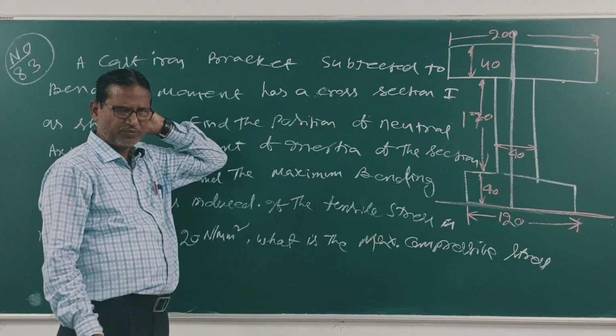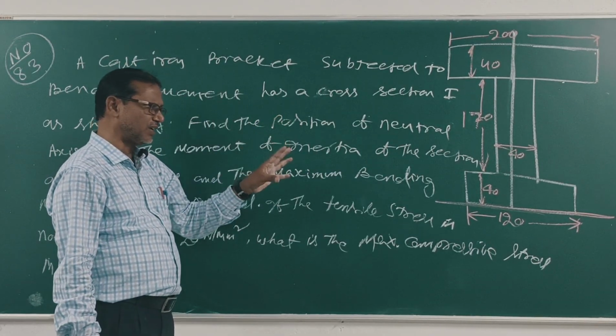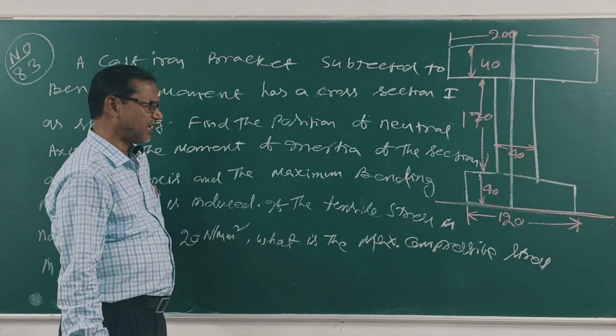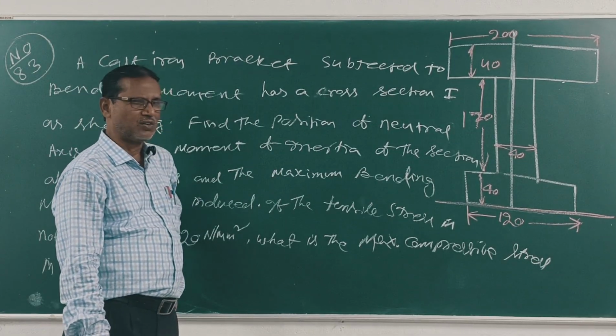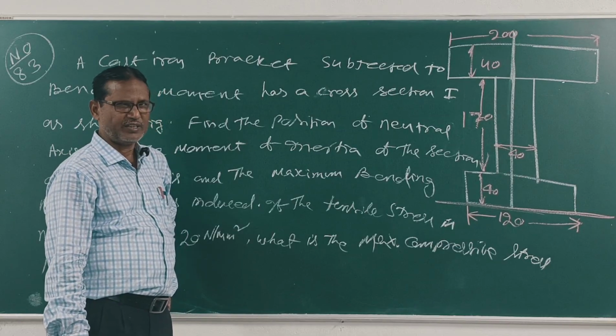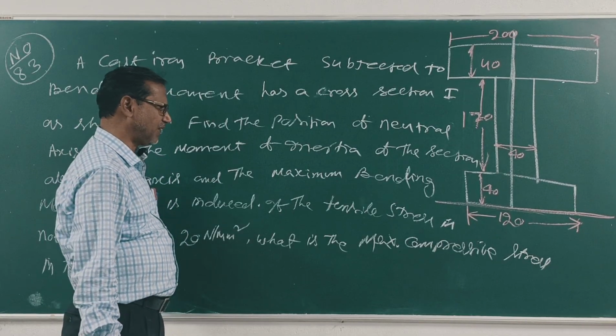This also same, only the data are different. Clear? This I section, first draw the table and find out y bar. Y bar means yt, then yc. Clear?